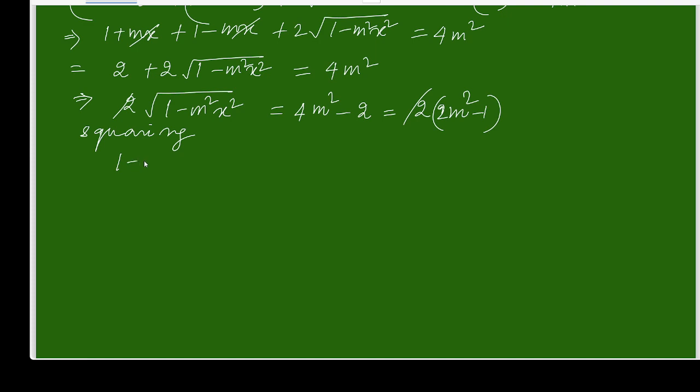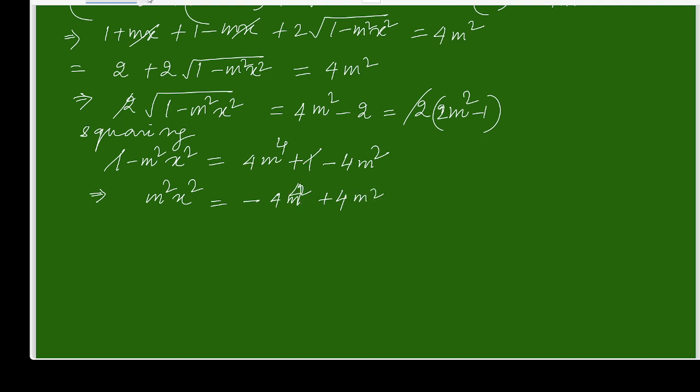So I'll get 1 minus m square x square is equal to, on squaring, 4m to the power 4 plus 1 minus 4m square. Again 1 we can cancel, or m square x square is equal to, multiplying this minus to the right side, minus 4m square plus 4m to the power 4, and 4m square this will be m to the power 4.